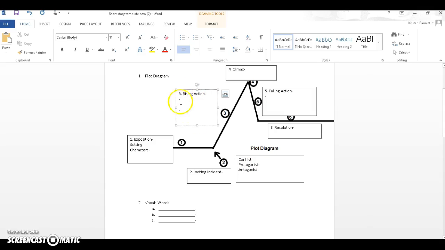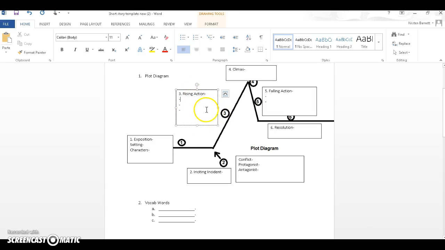And then in the rising action, number 3, the rising action is the majority of the story. 90% of the story is rising action. These are all of the events that are building tension. They are furthering the conflict. So the rising action isn't always straight up. The plot diagrams always show it straight up. There are usually many issues that are solved and other storylines that are solved throughout.